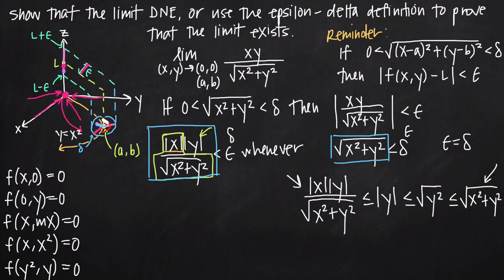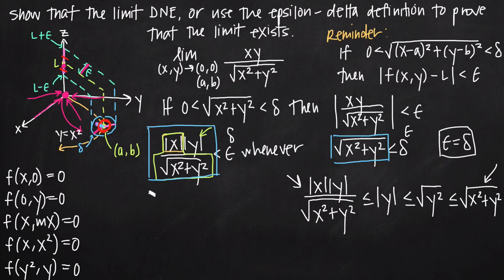If we make the value of delta smaller, and make the radius around this point AB smaller, that's going to shrink our interval for epsilon, and maybe we're only going to be able to go from here to here around the point L. So the epsilon range gets narrower as the delta range gets narrower. In other words, if epsilon equals delta, like we said, and we start making delta smaller, then epsilon is going to get smaller too.